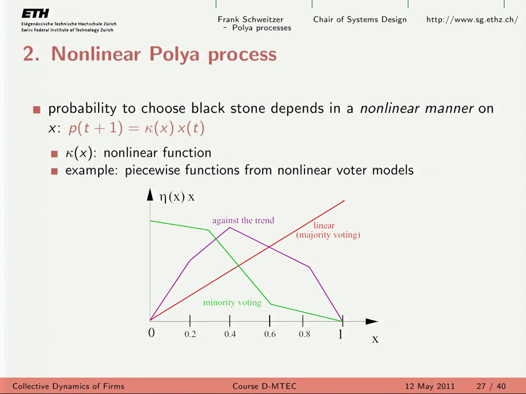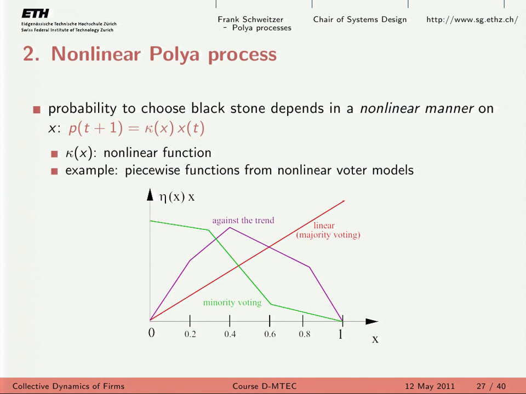Right? So if you want to do an application, you can think of all other possibilities here. You can say, okay, the probability of choosing a black stone is just decreasing with the number of black stones. So it's proportional to the number of white stones, for example. Then you would get something like this, which is here called minority voting.